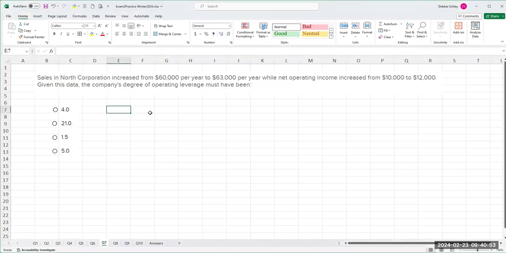So first off, I'm going to just bring down some information. In year one, it was 60,000 for sales and 63,000 in year two. I know it doesn't say that, but that's the only way I can think about it. And then income was 10,000 and it increased to 12,000.